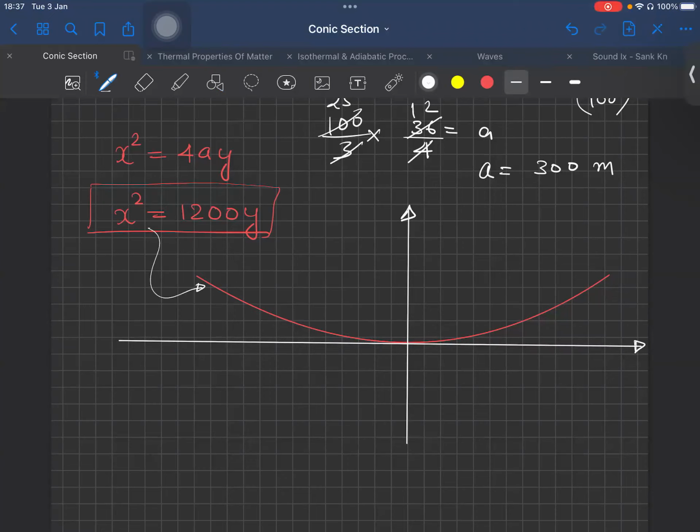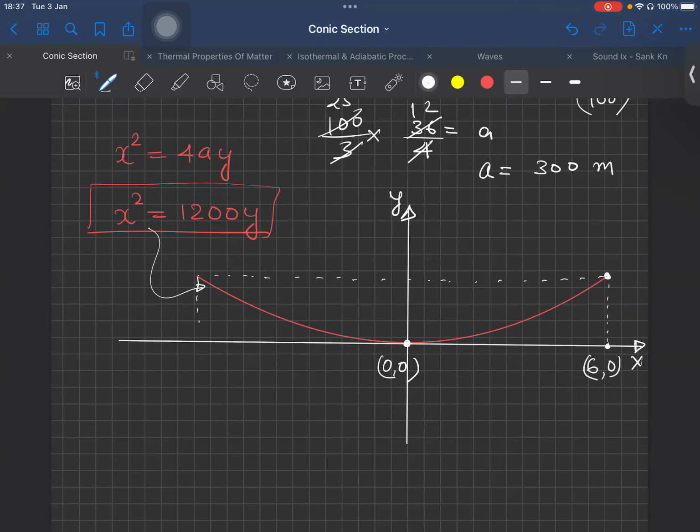Now just try to understand. This is y, this is x. Let's write all the coordinates. This point is 0, 0, right? This point somewhere here will be 6, 0.